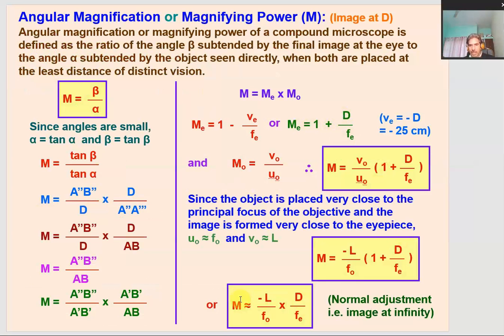So the magnification is approximately given by minus L upon f naught multiplied by d upon fe, in case the image is formed at infinity. This situation is also called the normal adjustment of the compound microscope. So this is all about the angular magnification and magnifying power of a compound microscope.